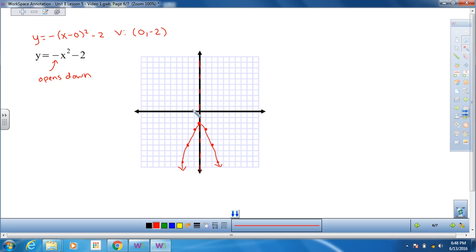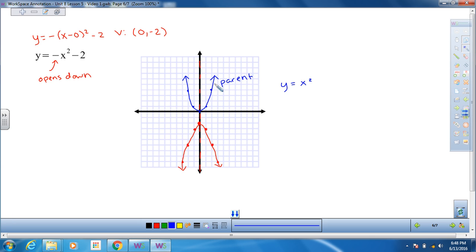Okay? So sometimes they might have a question that will say, how does this graph differ from the parent function? So remember that parent function again, y equals x squared. So it looks like this. Okay, so that's the parent function.